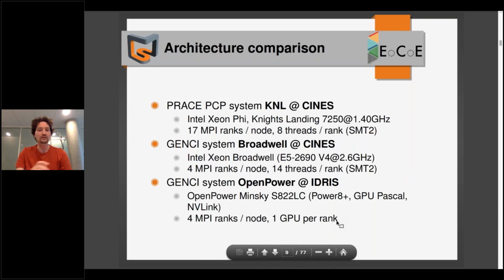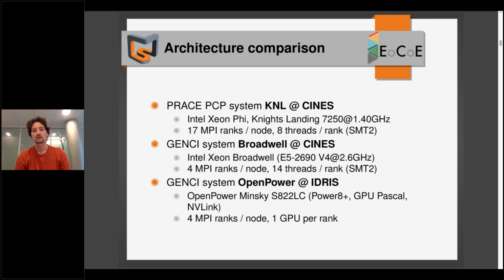Good. So then, as the code is running on several architectures, we can compare them. We've run on the Kernel system, a 68-core chip that forms one node, on the PCP system at CNES.